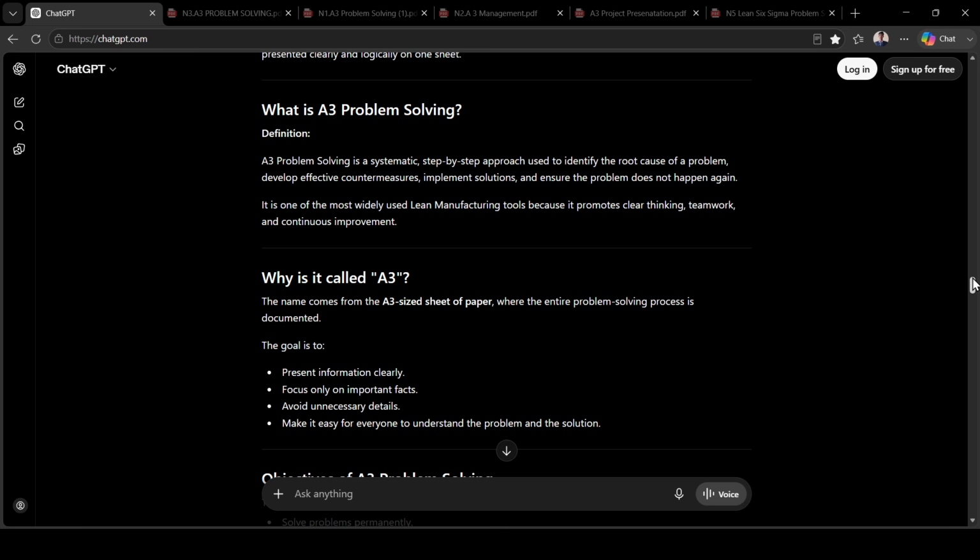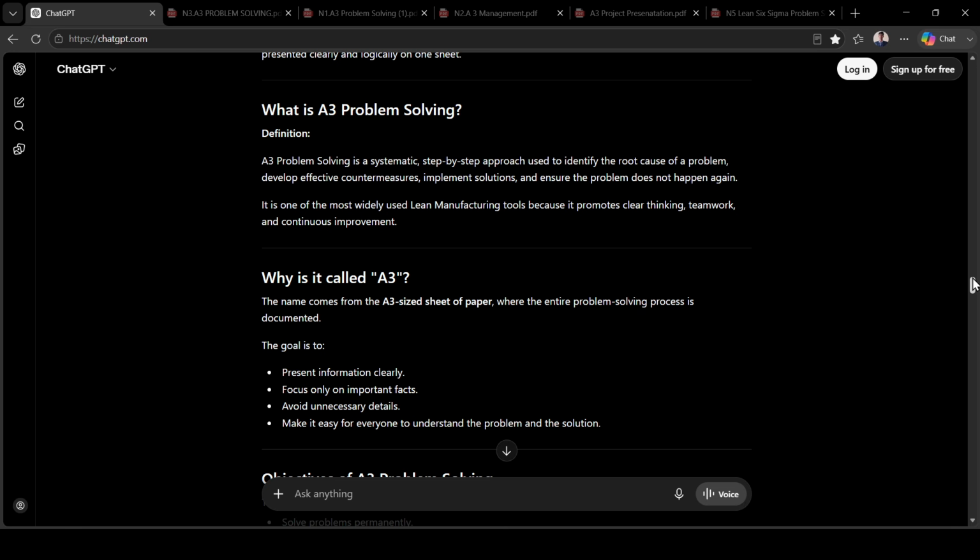A3 problem solving is a systematic step-by-step approach used to identify the root cause of a problem, develop effective countermeasures, implement the solution, and ensure the problem does not happen again. It is one of the most widely used lean manufacturing tools because it promotes clear thinking, teamwork, and continuous improvement.